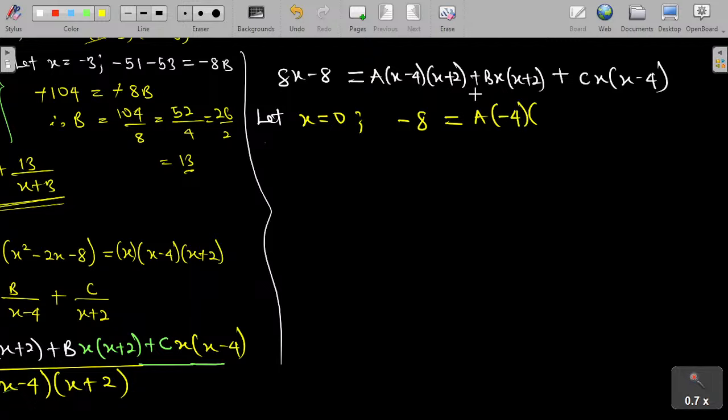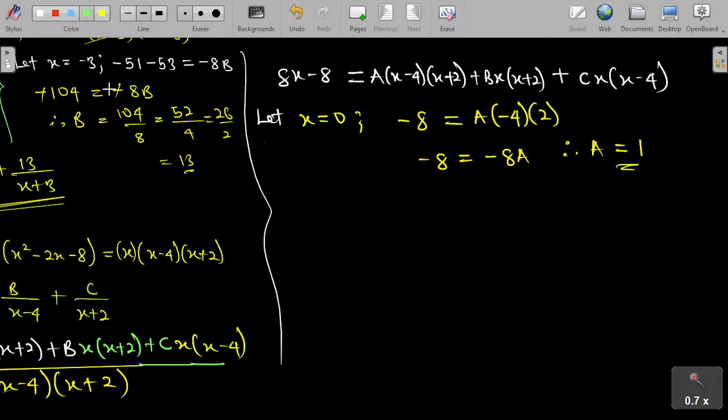If I put x as 0 here, I will just have positive 2, and that's going to give me minus 8 is equal to minus 8a, and therefore you are done. a is equal to 1. So you divide both sides by minus 8, and it will give us a as 1, right?